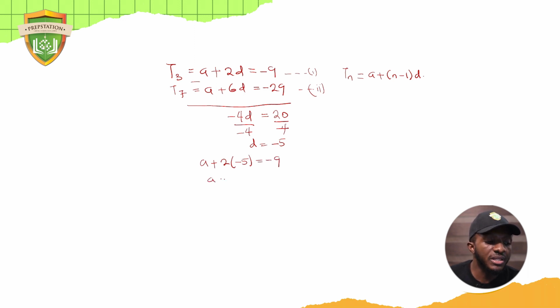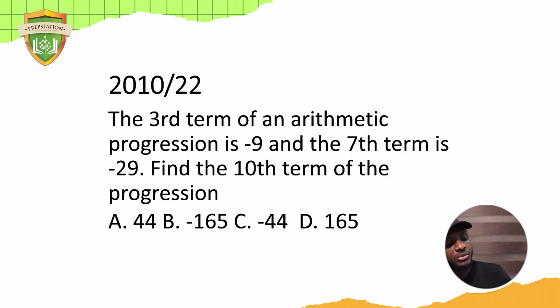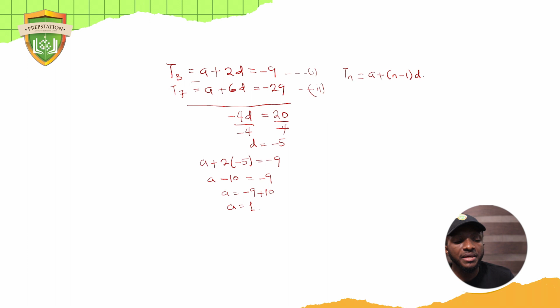So this would give us A minus 10 equals -9. What it means is that A is -9 plus 10, and -9 plus 10 is 1. Now, that is not the question.